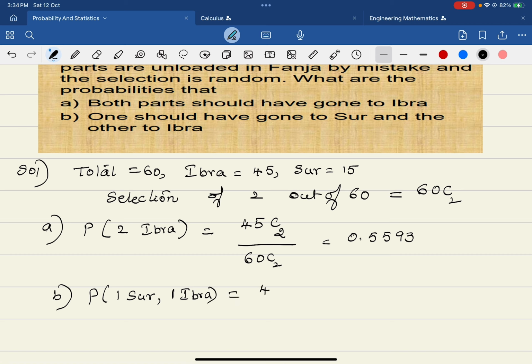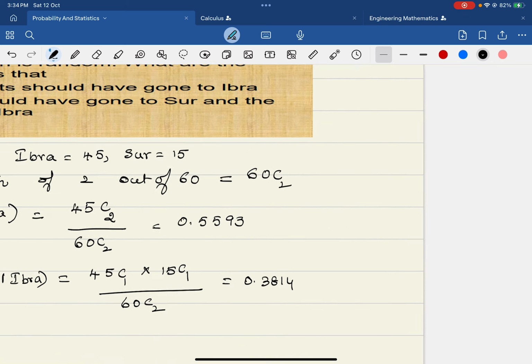So 1 to Sur and 1 to Ibra means out of 45 you are selecting 1 and out of 15 you are selecting 1, over 60C2. So that gives you the value 0.3814. This is the answer.